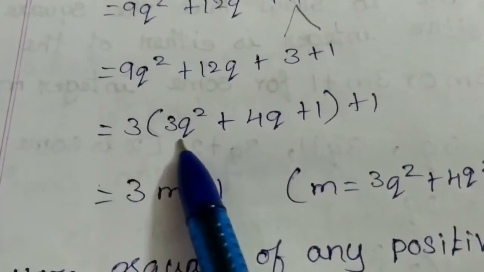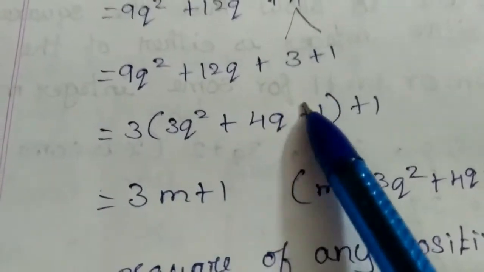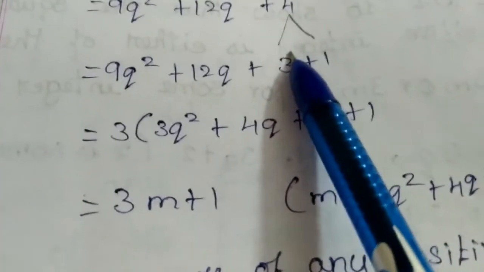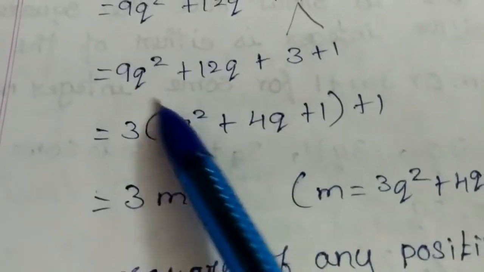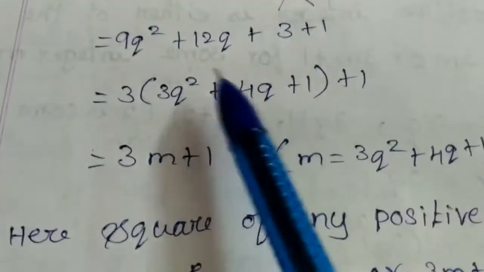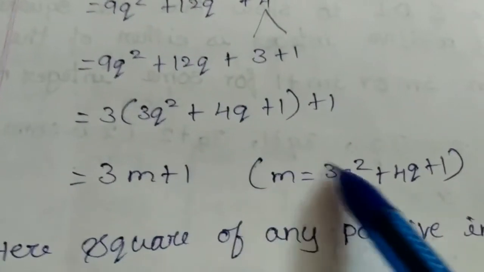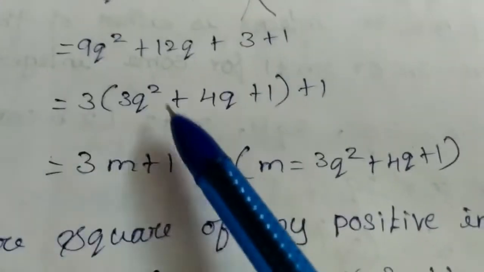Next 3 into 3q square plus 4q plus 1. I am taking 3 commonly outside. This has come here, and this number I am taking as m. Okay, you should write it in brackets.